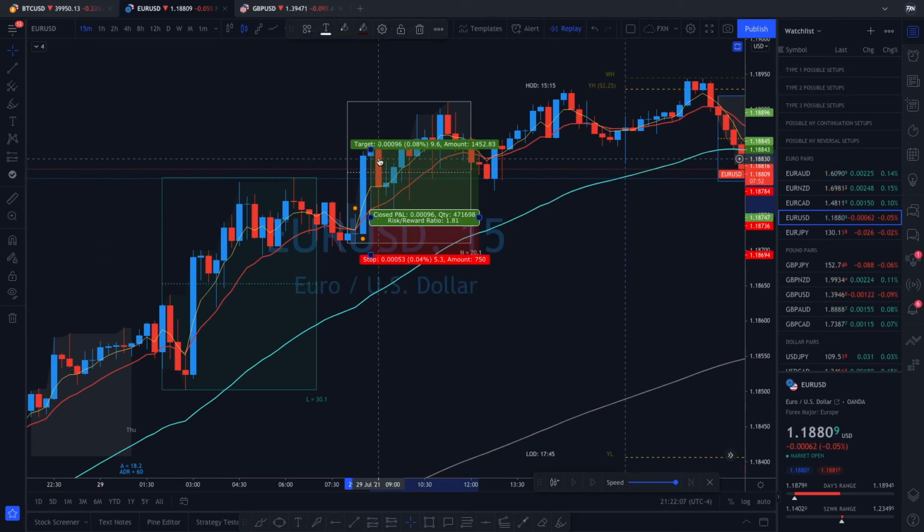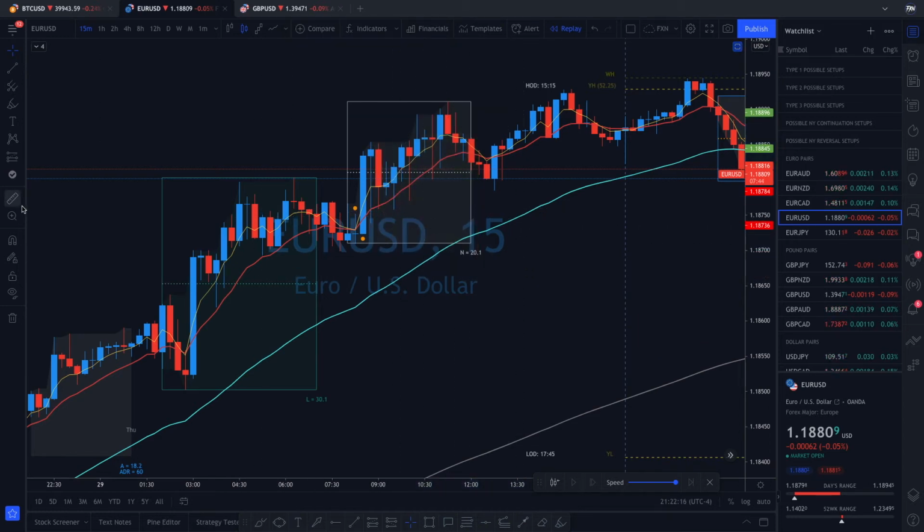That could have been an entry, and you could have easily still gotten way over 2.5 to 1. The problem is that the setup rules that I put in place for myself are not there, which is that I want to see a deep pullback. Ideally, a pullback to the 50 at least, or a pullback of 35, 40 pips or so, depending on the pair itself that I'm trading.